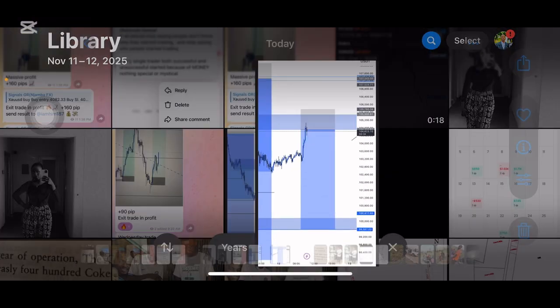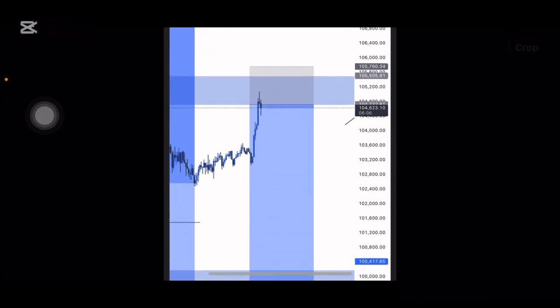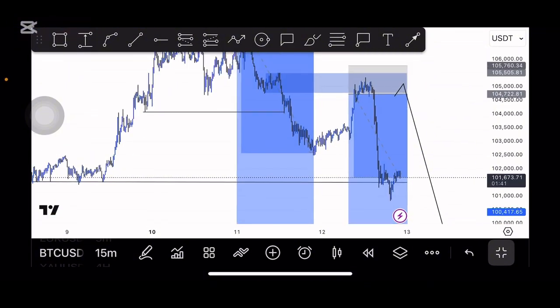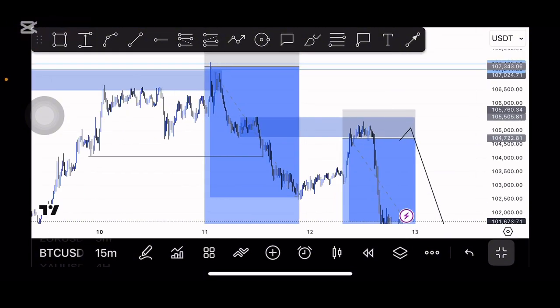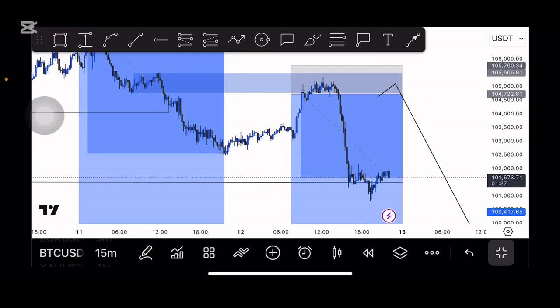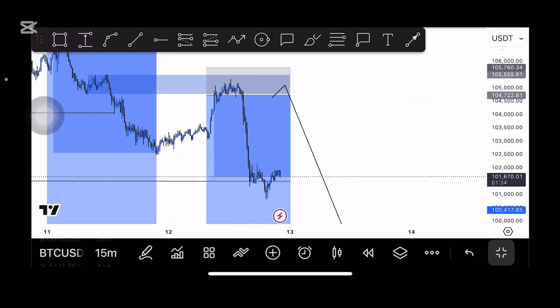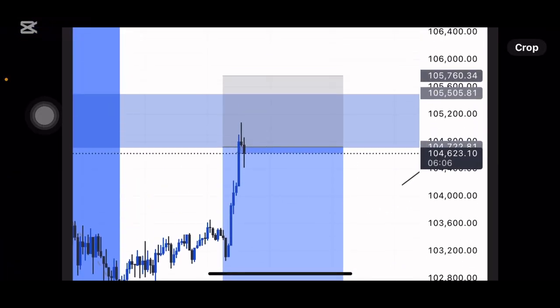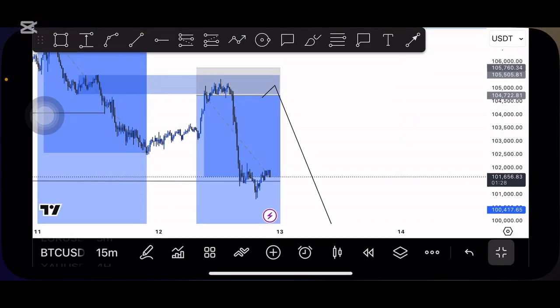I think I have the screenshot here. Now this is where price went back and created an order block at 4,000, and you can see this is it here, and this is how it's playing.